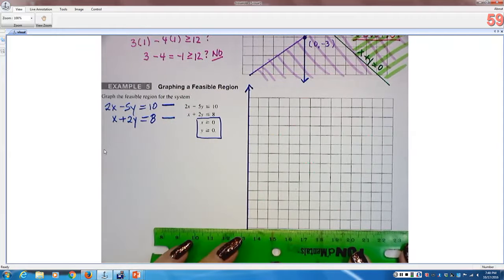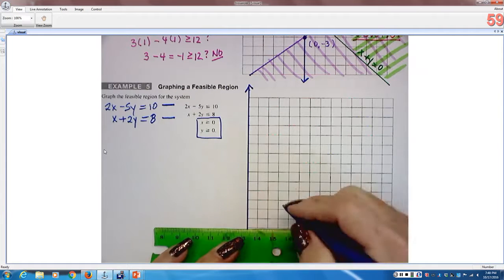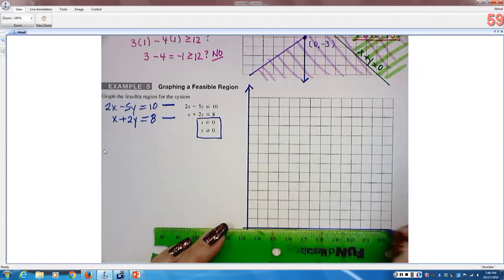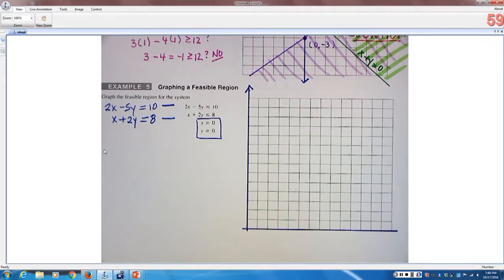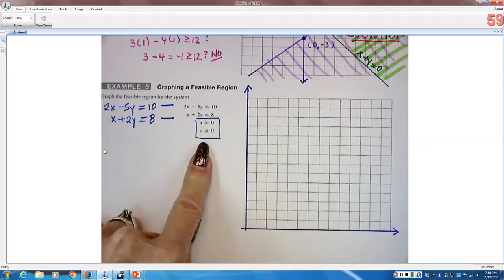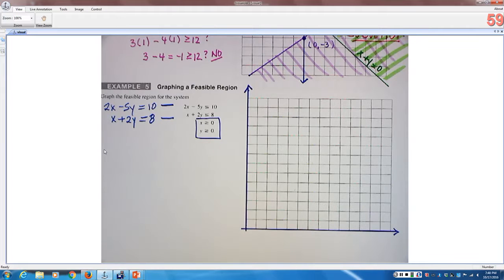The only quadrant where both x and y are 0 or positive is the first one. So by restricting my graph to this quadrant, I've taken care of those last two inequalities. And now I only have to worry about the other two.